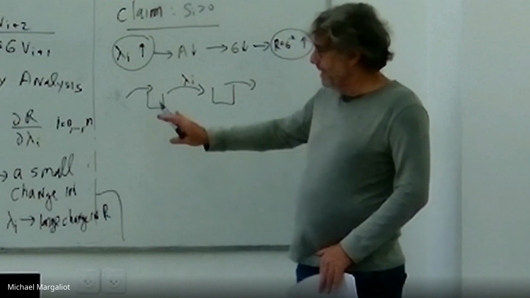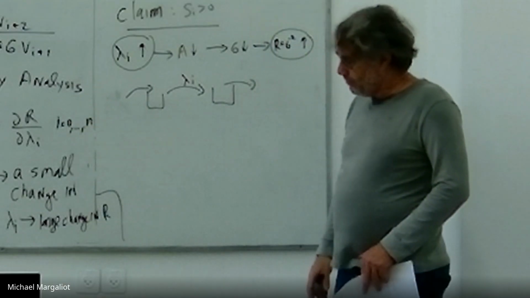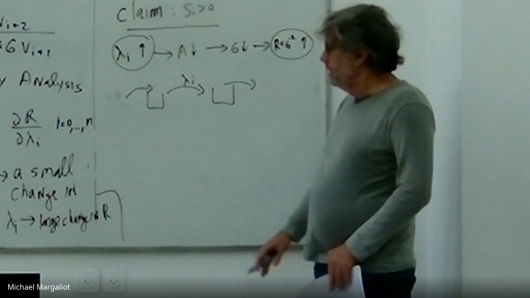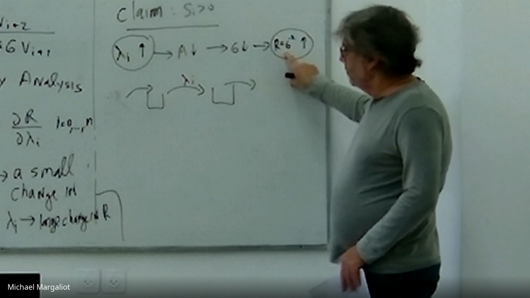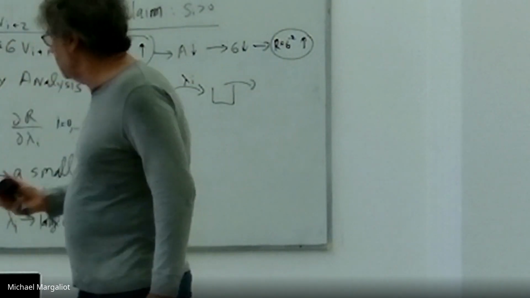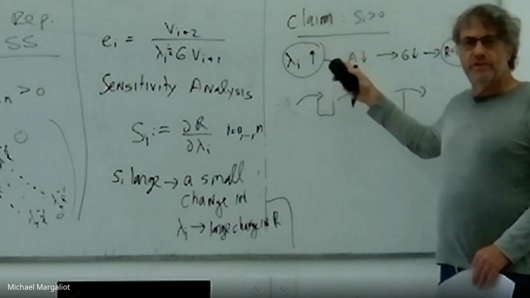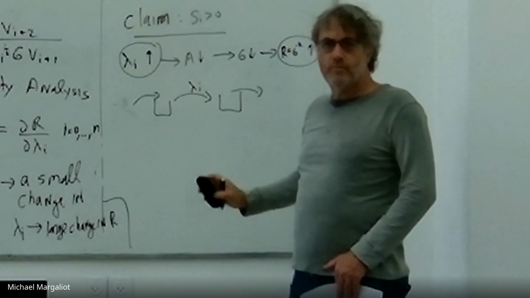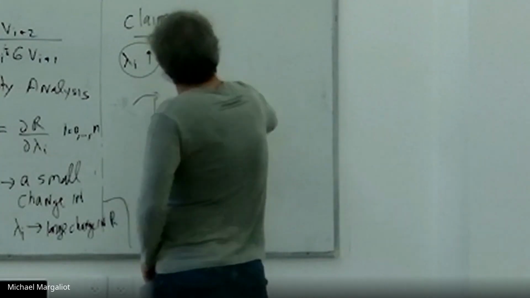So this was just an intuition, from the properties of a component-wise non-negative matrix, of what happens to R when we increase lambda i. But now we want to do this more rigorously, and to get explicit expressions for the S_i's. Any questions about this intuition before I erase it? Okay, so I erase it and I continue.